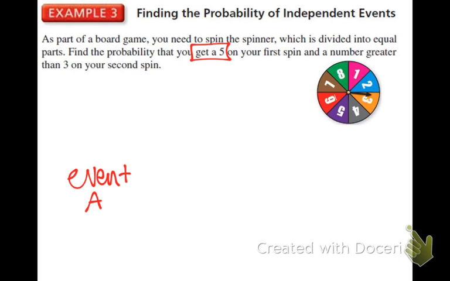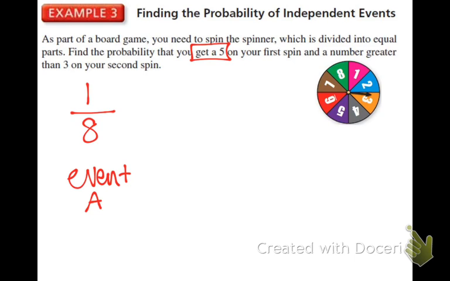A 5. Here's the most common mistake. How many ways are there to spin a 5? 1 way to spin a 5, out of how many total numbers? 8. It is not 5 eighths unless there are 5 number 5s. That's the number of times you can spin it.